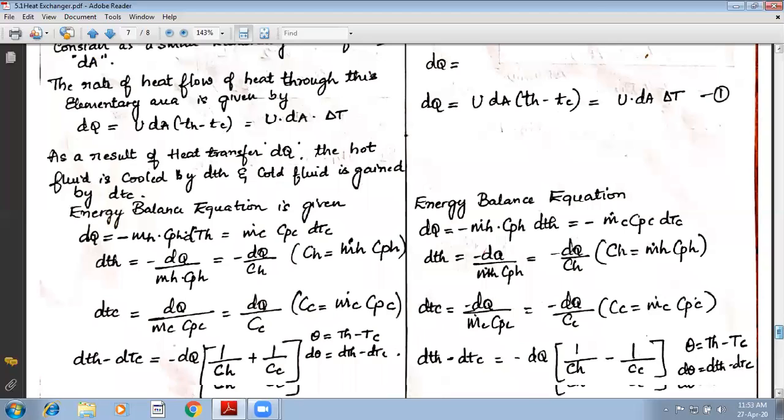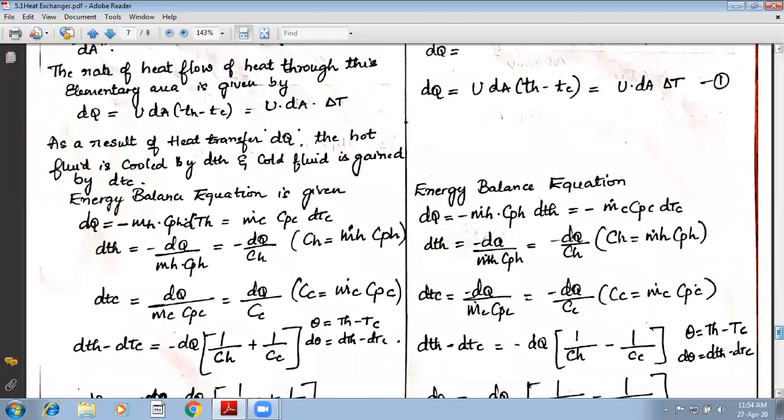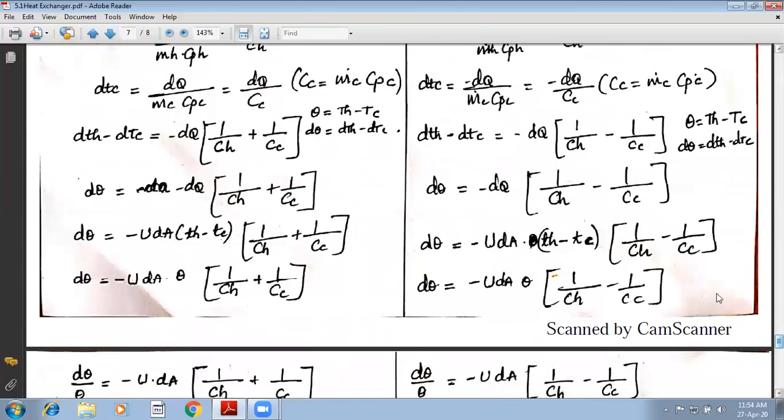You just need to substitute the value of dTh as minus dQ upon CH, and minus dQ upon CC for the cold fluid, where CC is the heat capacity corresponding to the cold fluid.